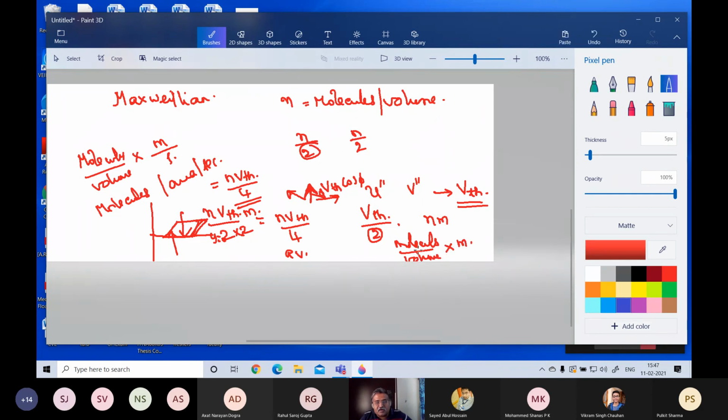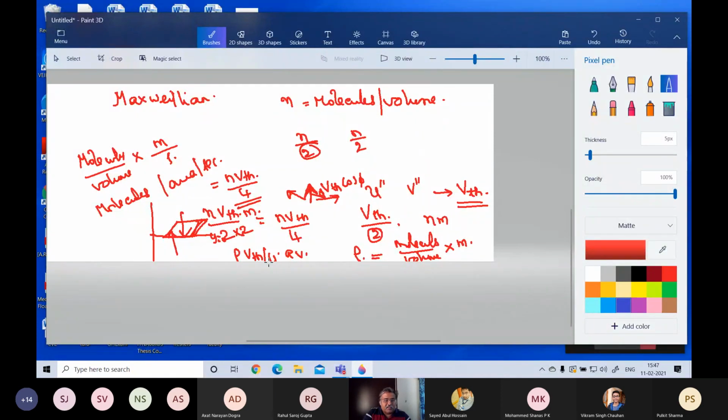Mass of one molecule into number of molecules gives the total mass of molecules per unit volume, which is what we call density. So that is the density rho, and this becomes rho into V thermal by 4.